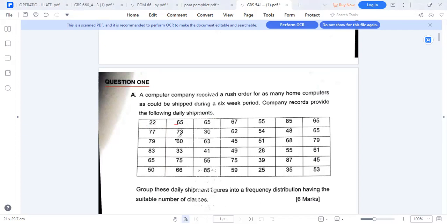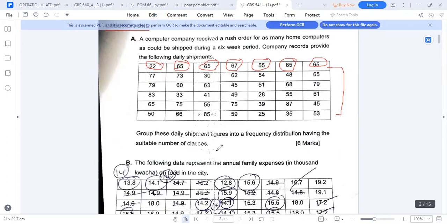You can count them: 1, 2, 3, 4, 5, 6, 7. So the 7 multiplied by the 6 of them, so our n is equal to 42.